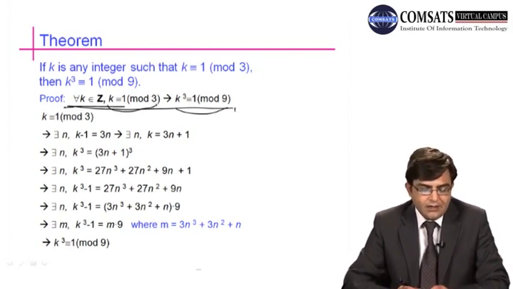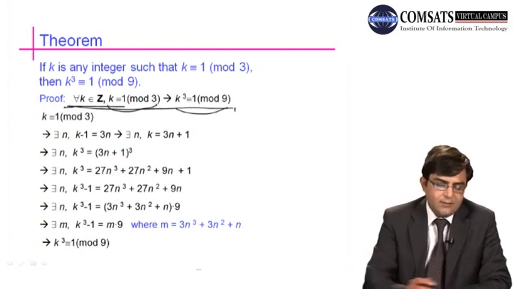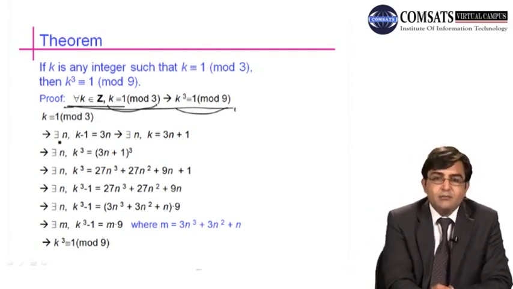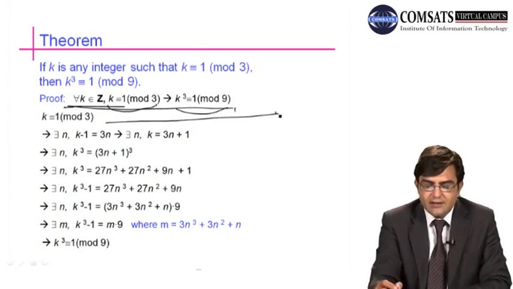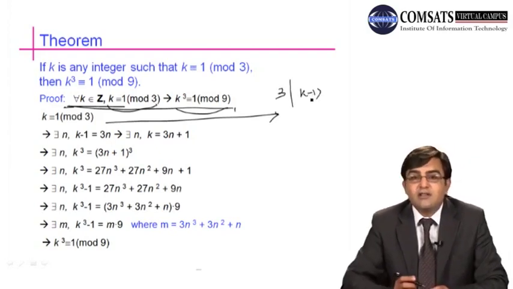What does it mean? By the definition of mod congruence, there exists some integer n such that k minus 1 is equal to 3n. By the definition of mod congruence, 3 divides 1 minus k or k minus 1, as we know that mod congruence is symmetric.